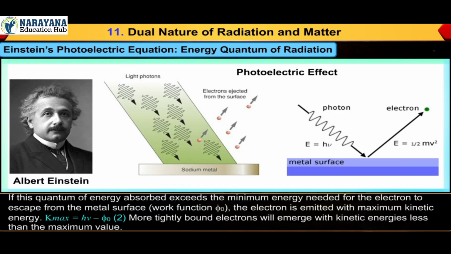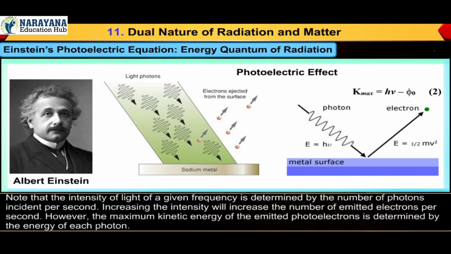If this quantum of energy absorbed exceeds the minimum energy needed for the electron to escape from the metal surface, that is the work function phi 0, the electron is emitted with maximum kinetic energy. K maximum is equal to h nu minus phi 0, equation 2. More tightly bound electrons will emerge with kinetic energies less than the maximum value.